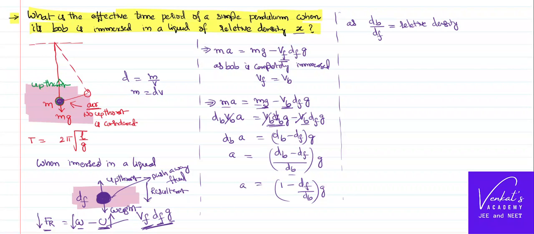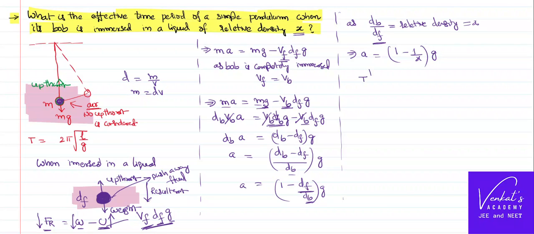It is given in the problem that the relative density is equal to x. So I can call this value x. That implies the acceleration becomes 1 minus, be careful, this is body by fluid, but we have fluid by body, so the reciprocal of the relative density has to be taken, into g. So this is the new acceleration.